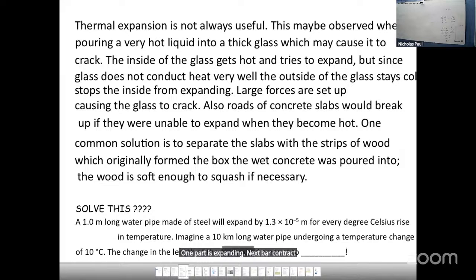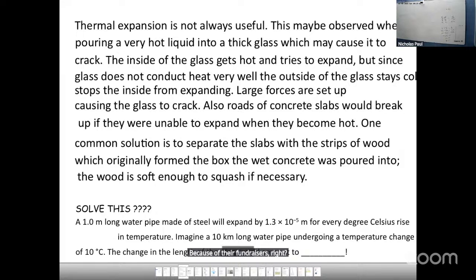What will happen is that because it's different rates, thermal crack, right?